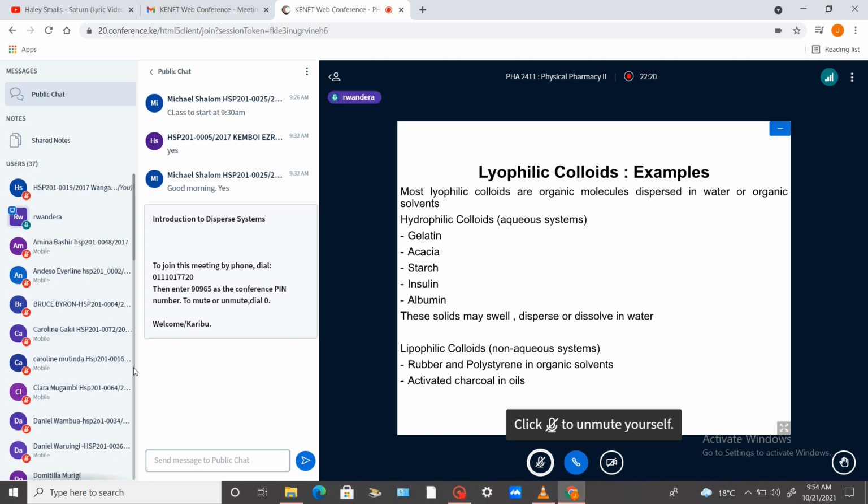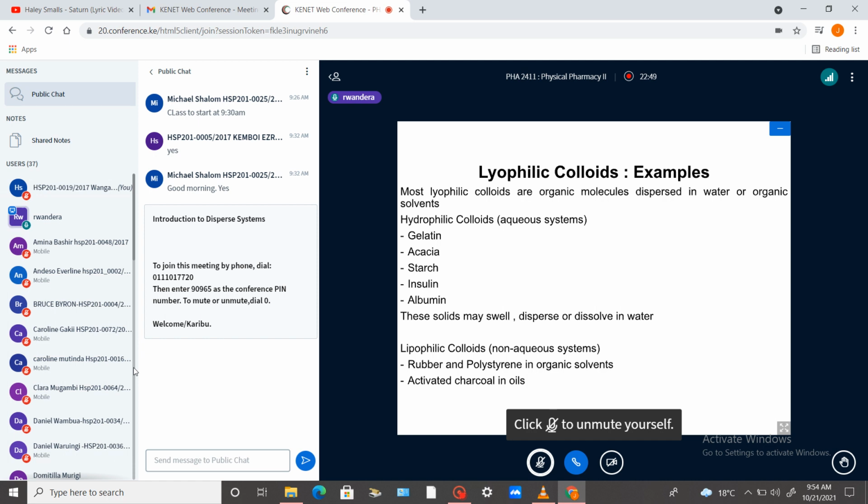Now, examples of lyophilic colloids: most lyophilic colloids are formed of organic molecules dispersed in water or organic molecules dispersed in organic solvents. For hydrophilic colloids, whereby water is the dispersion medium, we have a range including gelatin, acacia, starch, insulin, and albumin.